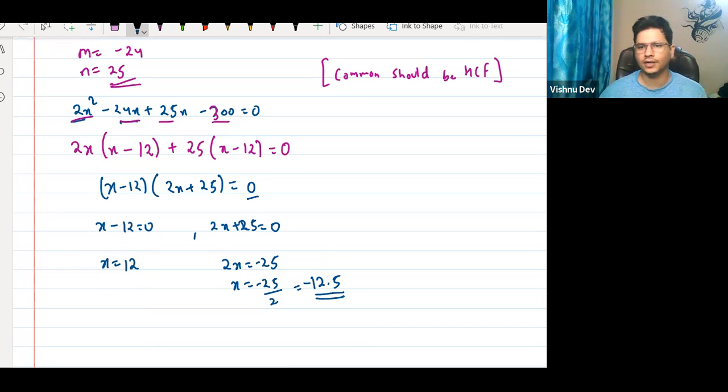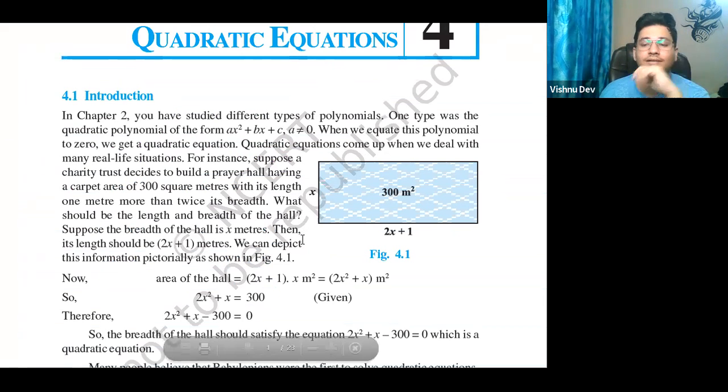Now my question is this: which of these are correct? Tell me, Tanushree, which of them are correct? No one will say. Everyone should message. Tell me, which of these two is correct? For this problem, which of them is the correct answer? See, both are solutions, right?